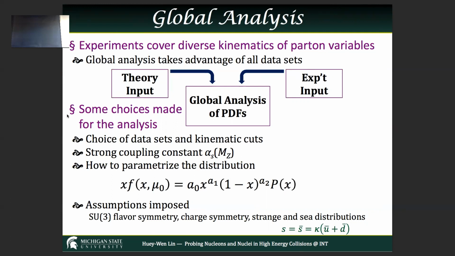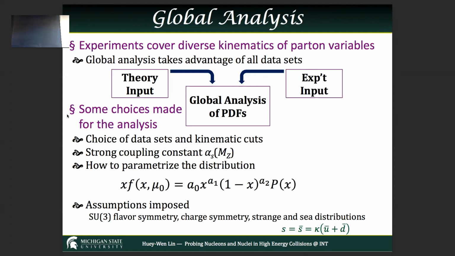The most common form is x to a certain power times 1 minus x to a power, and the powers vary between collaborations. In the early days they used a simple polynomial; now they have fancier ways to expand it, but there's always discussion of how many parameters you need. With more parameters you get a really big uncertainty band on the PDF, and nobody wants to use it. With fewer parameters you get very precise results, but then you worry about systematics: you might just coincidentally be right.